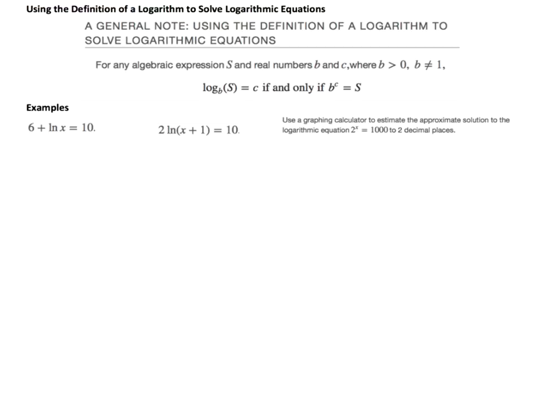And I'll just remind you, to turn it into exponential form, you start at the base, raise to the is, and that equals the of. So you want to get it in that form first.